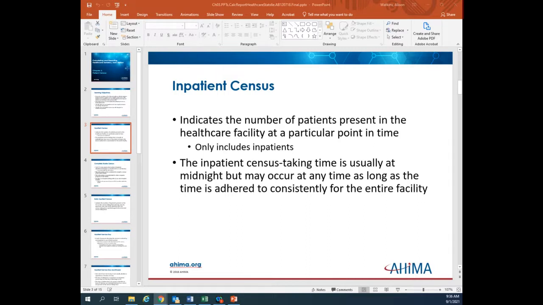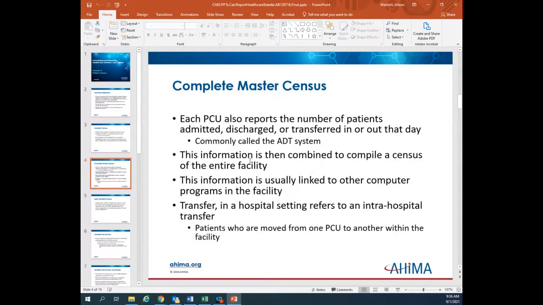We also do inpatient census based on a particular department, what we call a patient care unit. And the patient care unit is PCU, as it is abbreviated. That's discussed on the top of page 32.